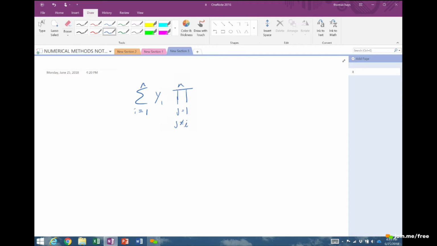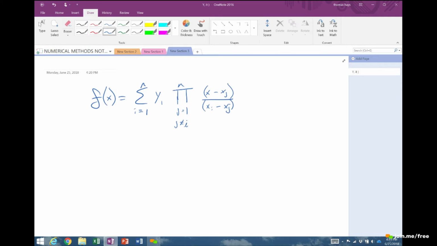Now that's not imaginary i, that is the index i. So x minus xj divided by x of i minus x of j is what's contained inside that product. And this, of course, all equals f of x.